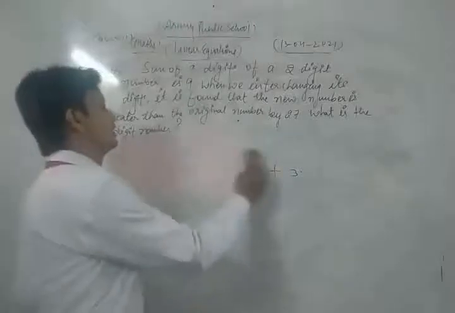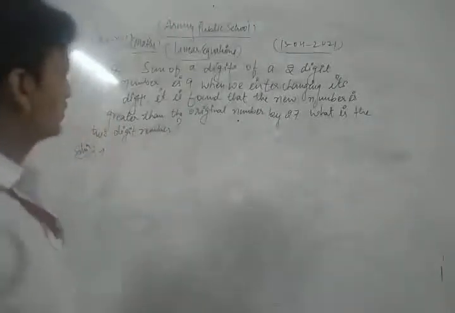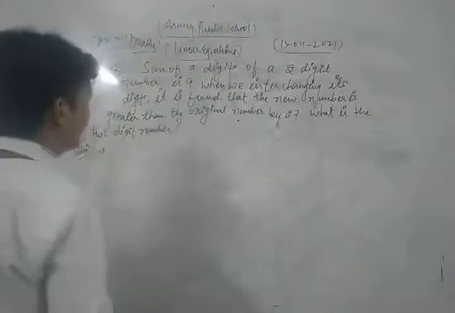Let's see. Dear students, the sum of the digits of a two-digit number is 9.